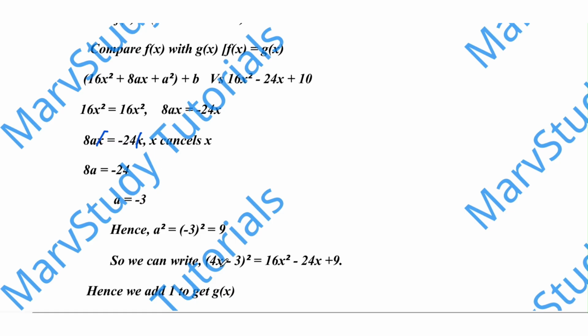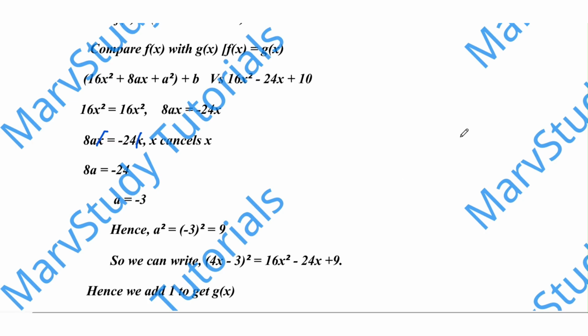So we now have (4x negative 3) all squared equal to 16x squared negative 24x plus 9. That is the expression we have. If you put a here as negative 3, we have negative 24x, and then plus negative 3 squared is going to give us a positive 9.